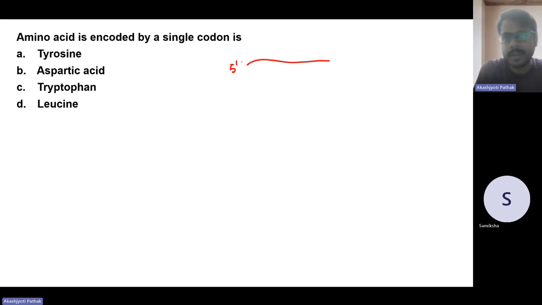If this is your mRNA, this sequence has to be decoded and the protein has to be synthesized, right? The genetic information present in the mRNA has to be translated into a protein molecule.